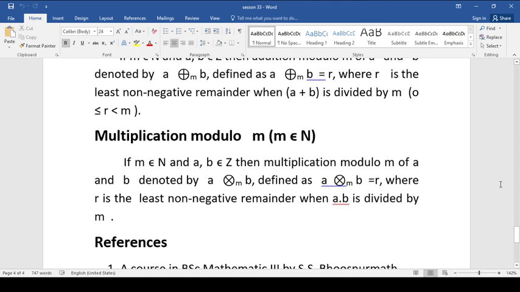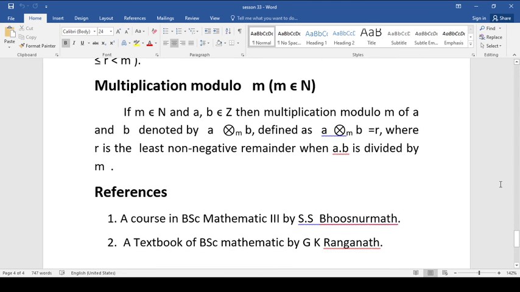Multiplication modulo m. If m belongs to N and a and b belong to the set of integers, then multiplication modulo m of a and b is denoted by a, with a multiplication sign in a circle with the suffix m, then b.